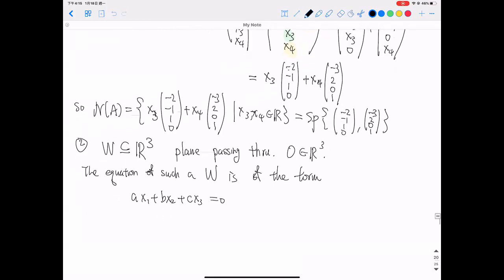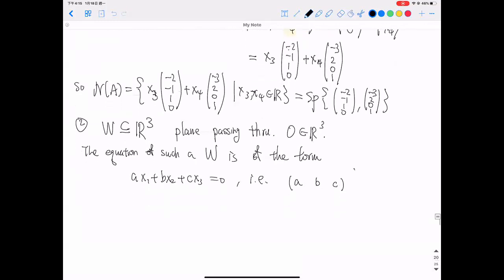Okay. Now if you rewrite this as a matrix product, you get this: a b c, this is a 1×3 matrix, times the column vector or 3×1 matrix x1, x2, x3.